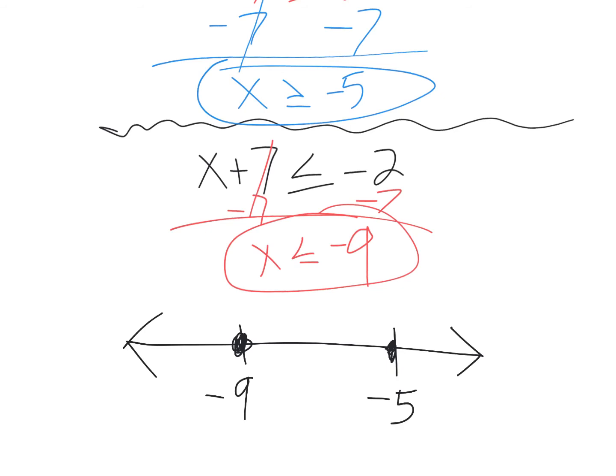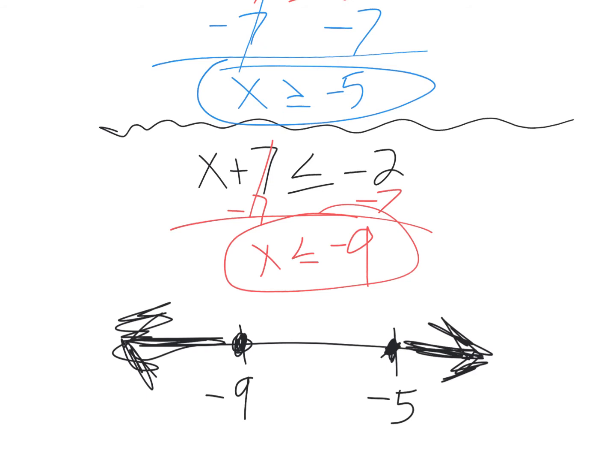And so if I graph x is less than or equal to -9, I'll put a solid dot at -9 and shade to the left for the less than direction. And then if x is greater than or equal to -5, I'll put a solid dot at -5 and I'll shade to the right for the greater than direction. Okay, so you can see it going in two directions.